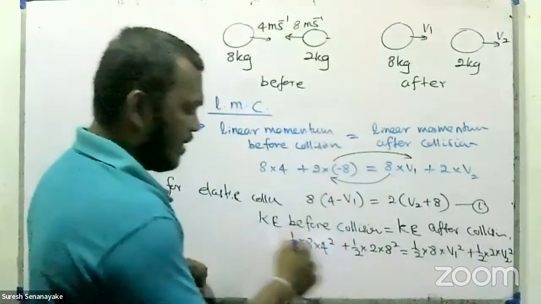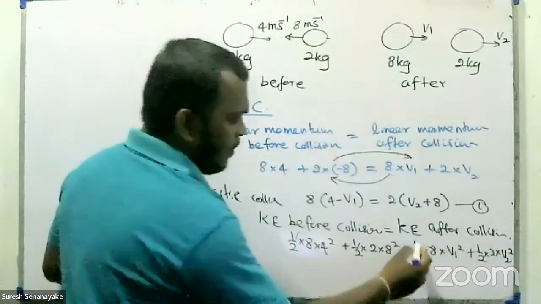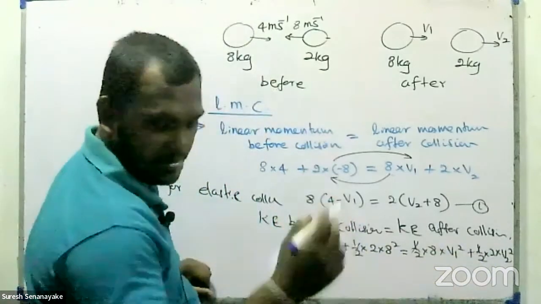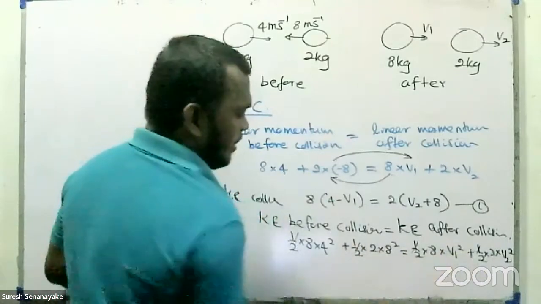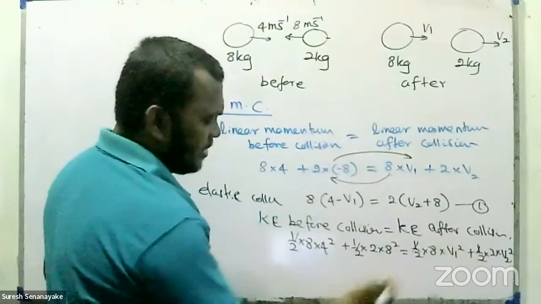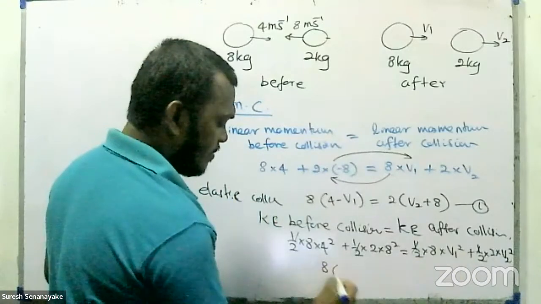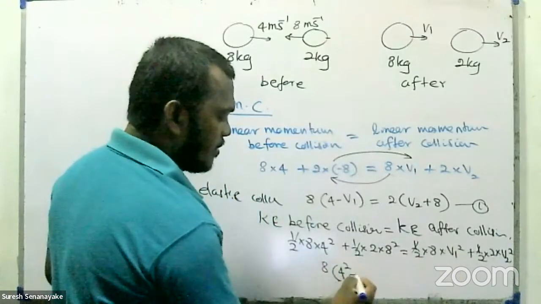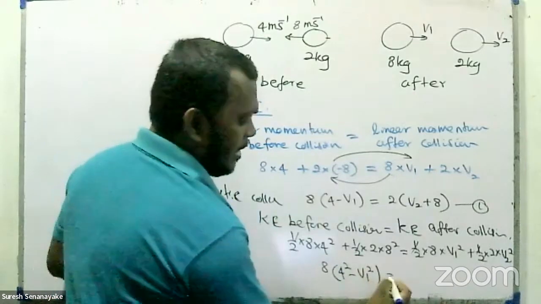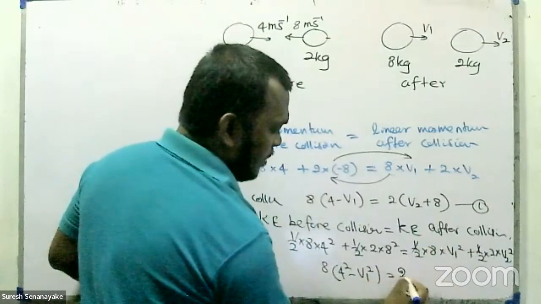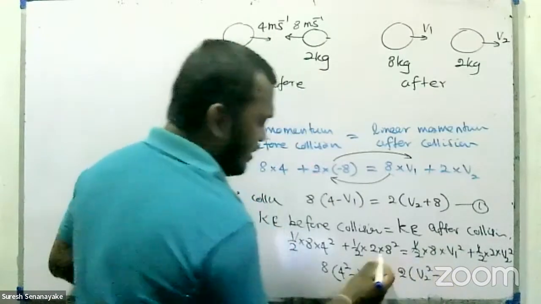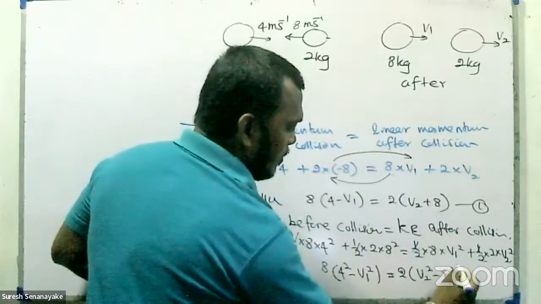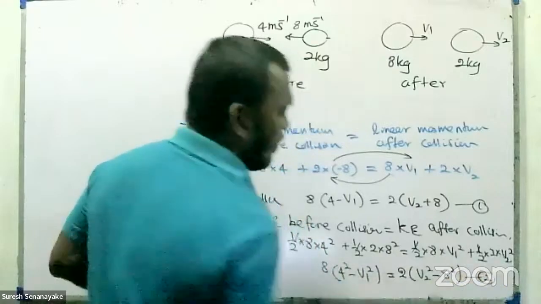Now the halves cancel. Take the 8 to one side and the 2 kilogram to the same side, which gives 4 square minus v1 square. And if the 2 goes to the other side, then it is v2 square minus 8 square. Second equation.